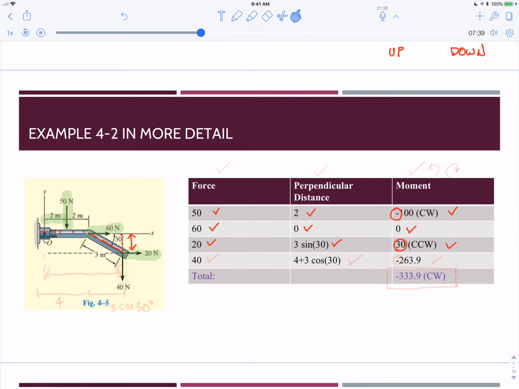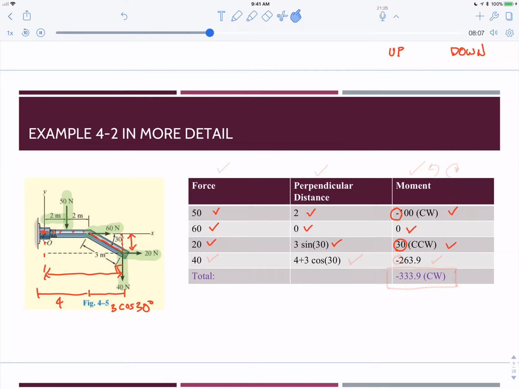Then we have this 40 newtons. Its perpendicular distance to O is this. That's the distance perpendicular to the 40 to this origin O. This distance here is 3 cosine 30 degrees, and this distance here is 4 meters.